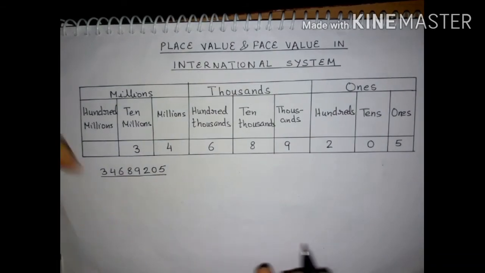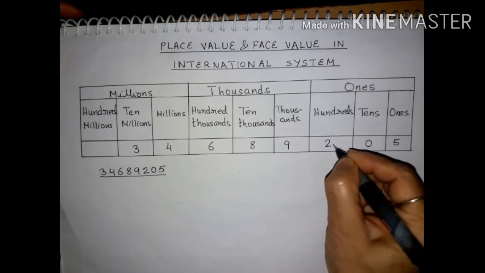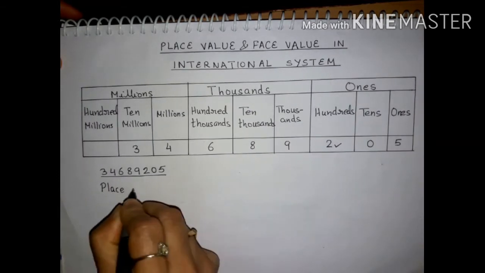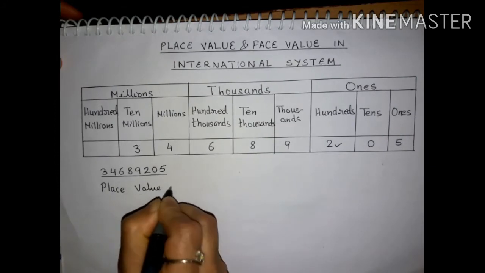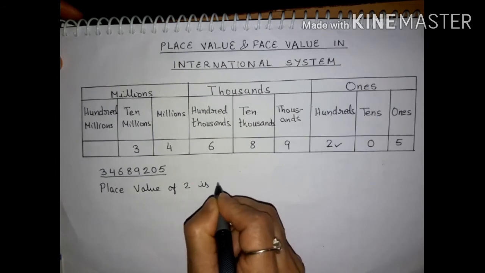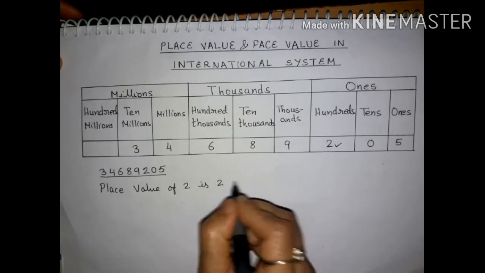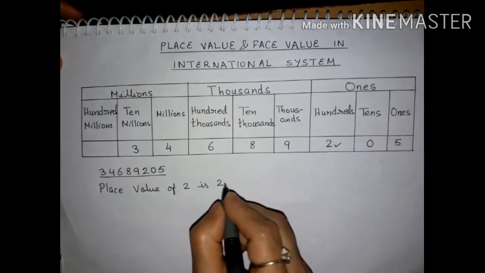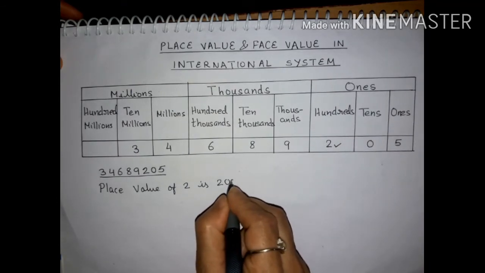Now if suppose we want to find out the place value of this 2, so the place value of 2 is 200. You can see it here, 100, right? So it will be 2 and 2 zeros.